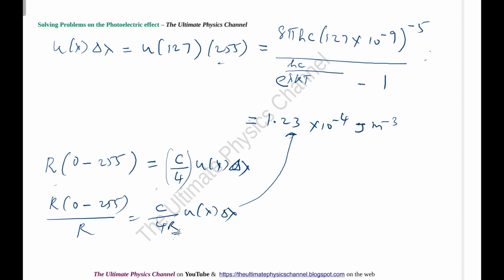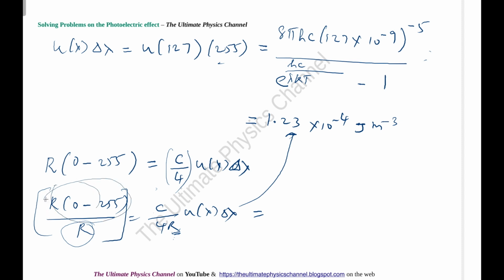We have calculated R as well. So if we substitute those values here, you would get the left hand side, and that is the fraction of the total power. The total power is R actually, which we have calculated, but the fraction is up to a particular wavelength of 255.